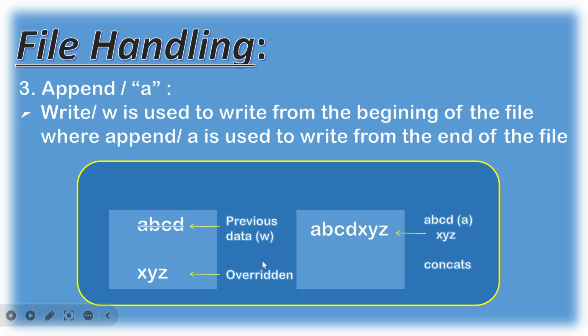It will override the data, which means it will override ABCD and it will be printed as XYZ only. But in case of append, the previous data was ABCD and it will concatenate the new data exactly where it ends. That means the new data will be ABCD XYZ.